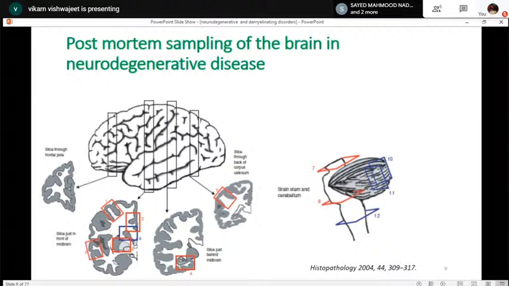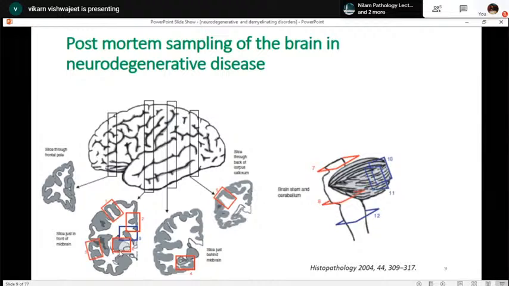The representative sections that can be taken in case of dementia include the middle frontal gyrus, then the cingulate gyrus, then the superior and middle temporal gyri, then the hippocampus and parahippocampal gyrus, then the inferior parietal lobule.